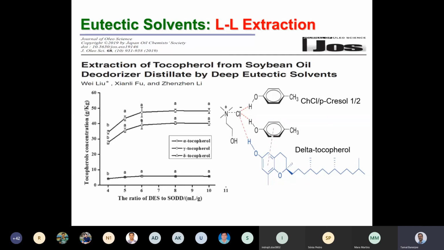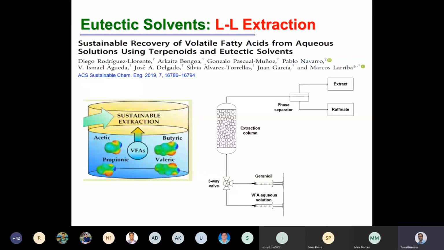Another option is the reverse, using hydrophobic eutectic solvents and an aqueous solution of organic acids.